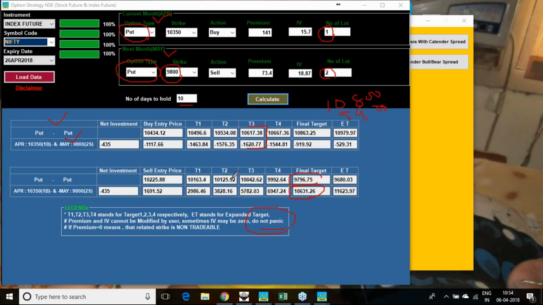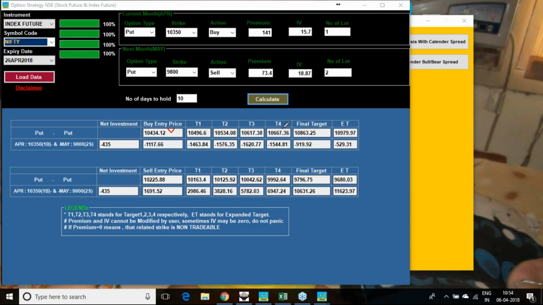Once it comes to 10,100 or 10,000 level, I have some profitability of 7,000 rupees. And if it is going up, I have a liability of 1,100 at the 10,434 level.